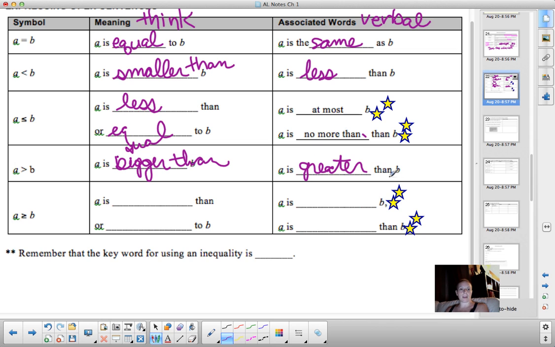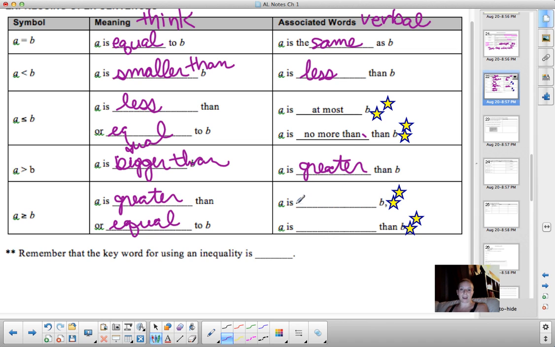So we finish this one up, right? A is greater than or equal to B. We'll fill it in here. Greater than or equal to B. So if we use this idea of the star ones over here, what could we probably see?